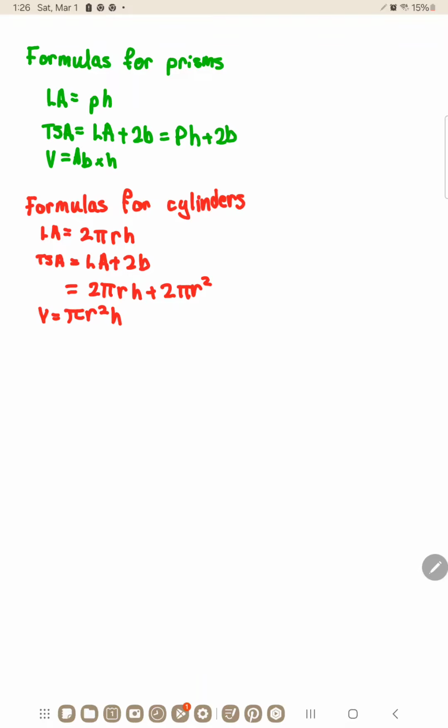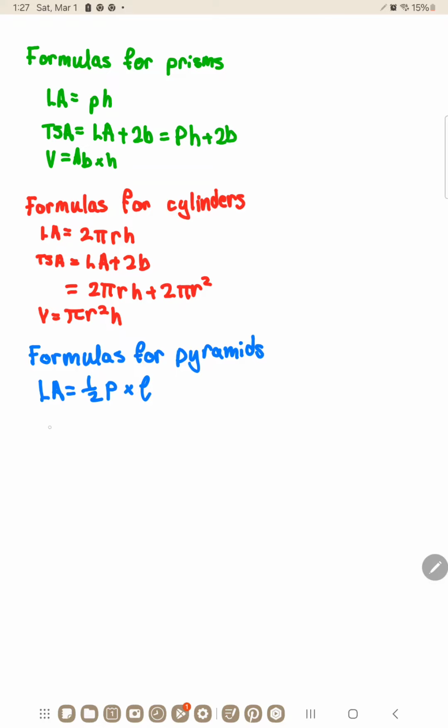That's for cylinders. Now moving on, we have formulas for pyramids. First of all, lateral area, which is equal to half perimeter times slant height.